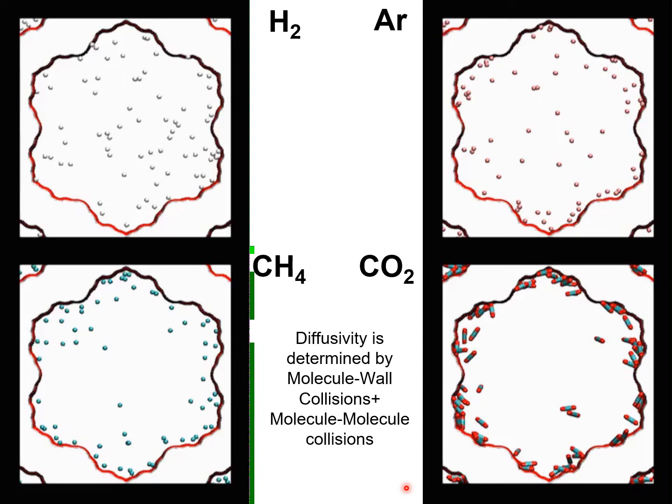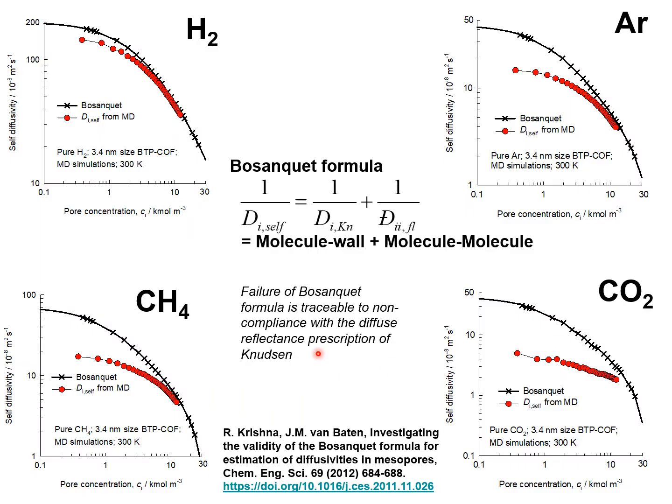molecule-molecule collisions. So for these 4 guest molecules, let's compare the predictions of the Bosanquet formula that combines molecule wall collisions with molecule-molecule collisions. The Bosanquet formula is indicated by these crosses for hydrogen, argon, methane, and carbon dioxide.